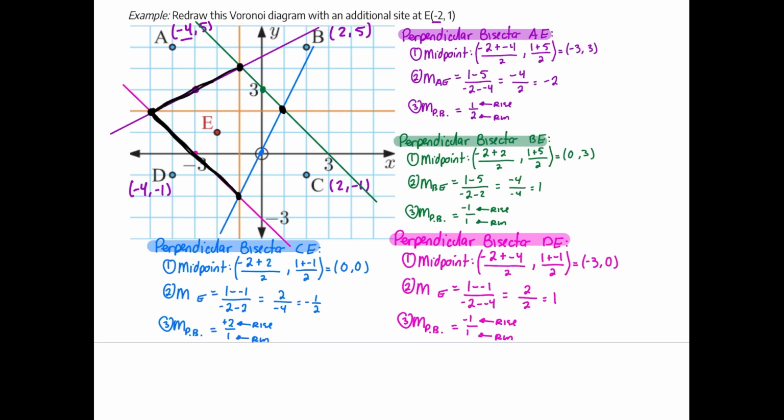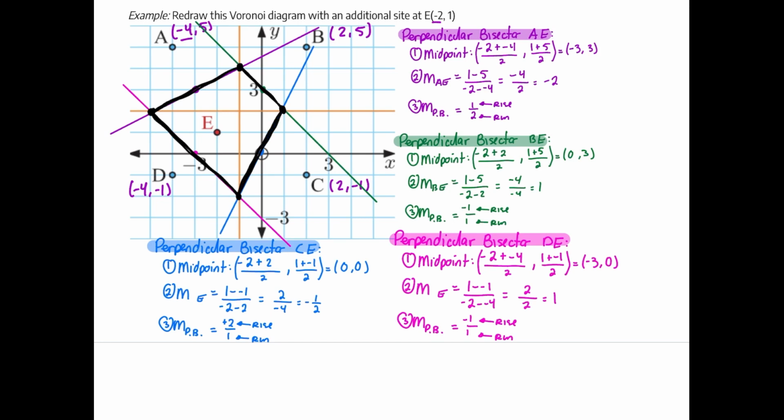So this would be the edge that finishes cell E. Once I'm at this vertex, I ask myself the same question. Which of these perpendicular bisectors will close the cell for E? In order to close the cell for E, this perpendicular bisector is the closest. And then the last step is, again, ask yourself the same question, and we are closing the cell for E.